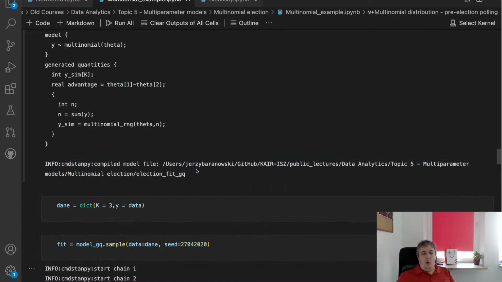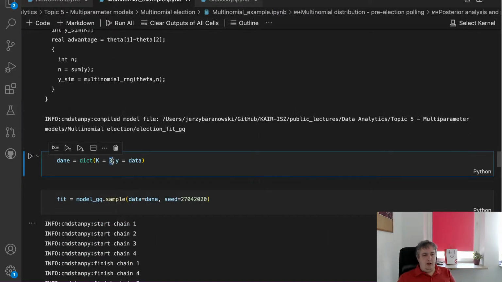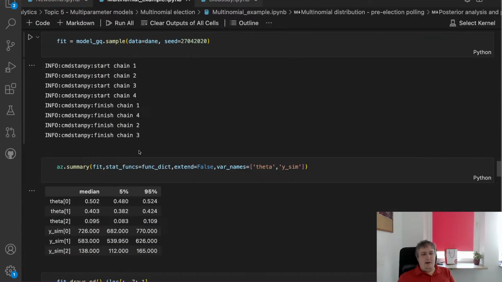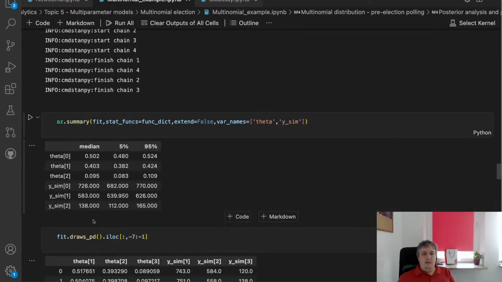Okay, so we have our data, again, three categories, our vector of data. We simulate from that, we sample from that, perform some summaries, and as we can see, the values of theta give us 50% for the first category, so Bush proportion.